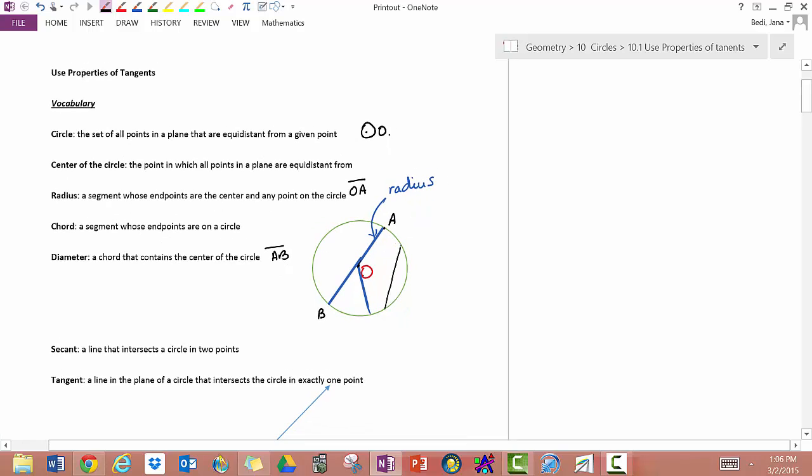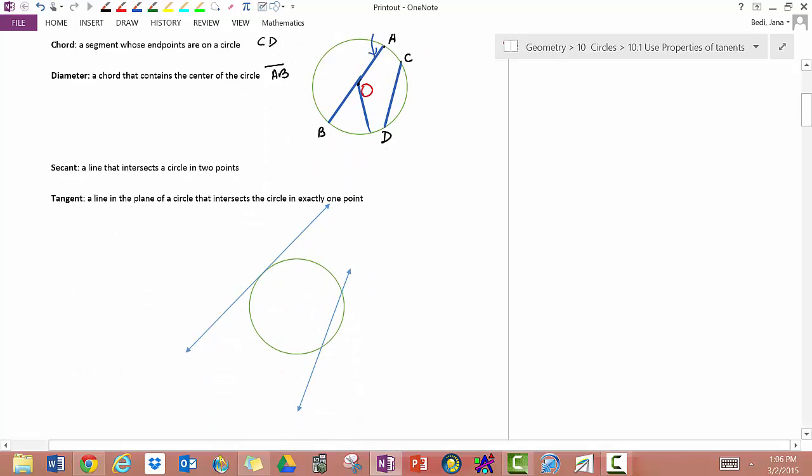So if I draw this, I don't know where I lost my segment, so let me reclaim that back. Here we go. This segment intersects the circle in points C and D, so segment CD is a chord. Segment AB is also a chord because it intersects the circle in points A and B, and it is actually the longest chord in a circle.